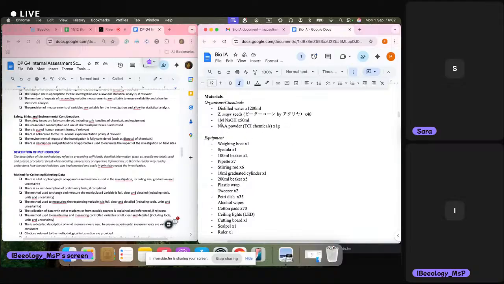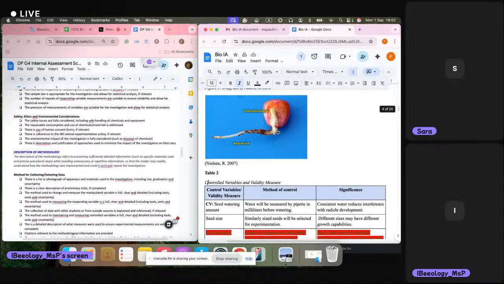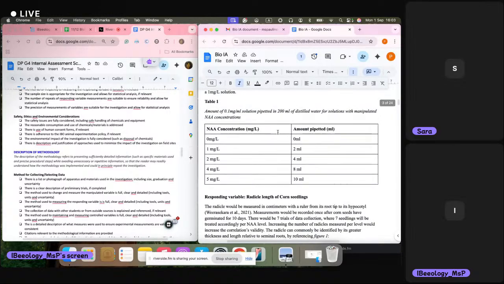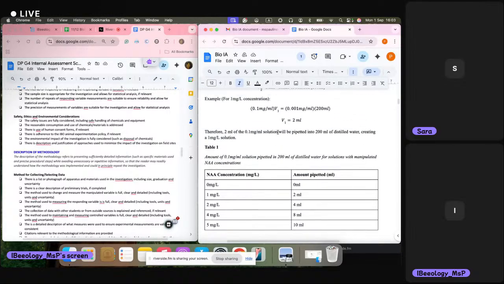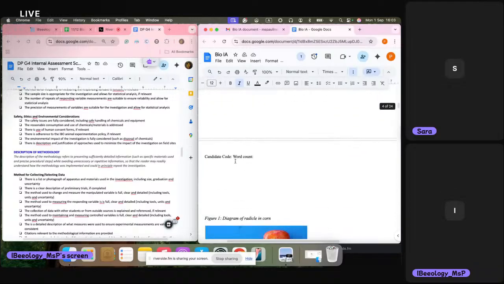Times 40, one times 1 gram. Did you use 1 gram in total of this NAA powder? Yeah, just 1 gram, because the concentration was in milligrams per liter. 4 milligrams, okay, got it.